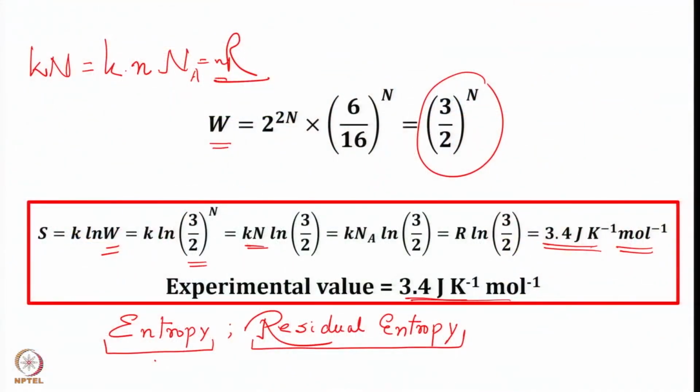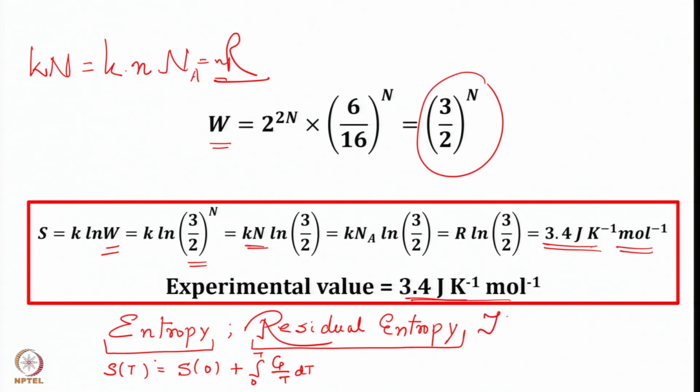Therefore, when you use this expression, S at T is equal to S0 plus the integral from 0 to T of Cp by T dT, you might have seen that many textbooks towards the end provide a table which contains the third law entropies. What is that third law entropy?